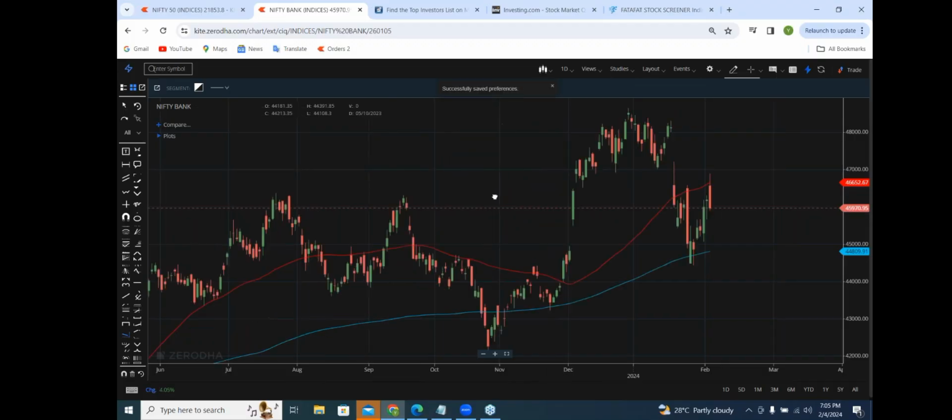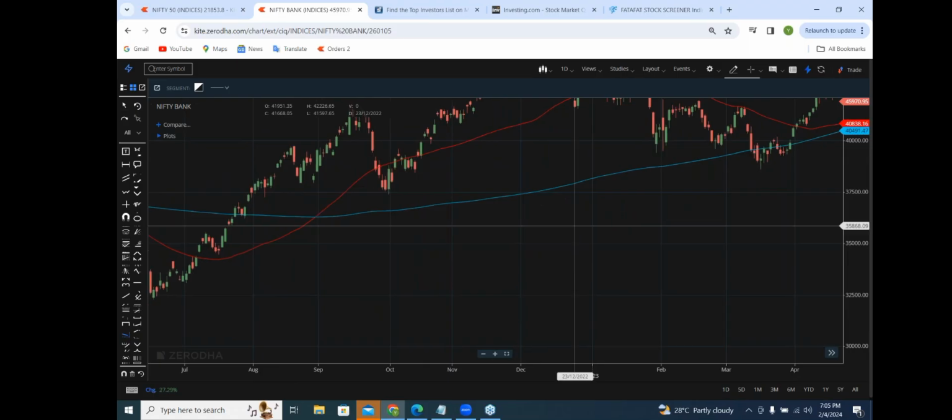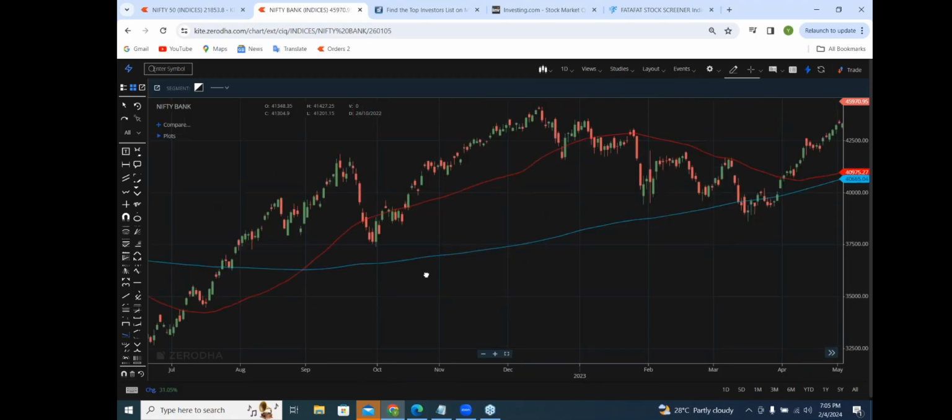Now, what is the beauty of these two moving averages? What is a moving average in the first place? Moving average is a mathematical calculation of past candles close price. So as we have mentioned, the value of this moving average is 200 SMA.